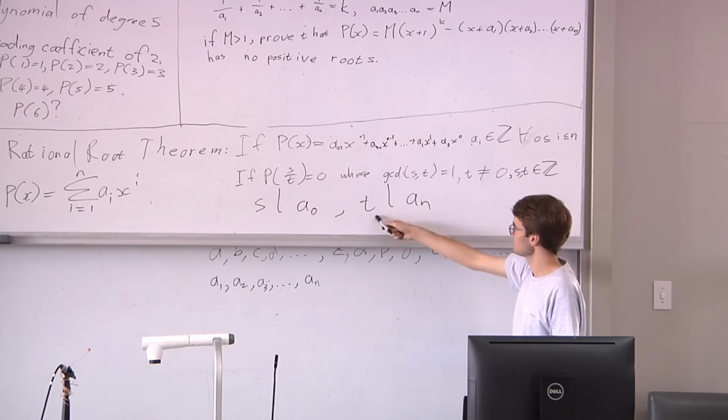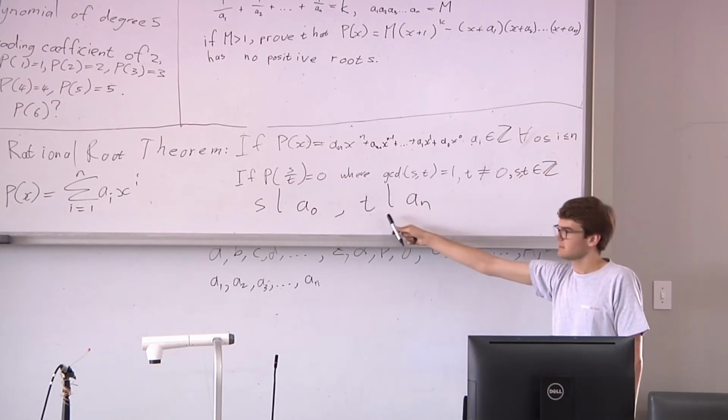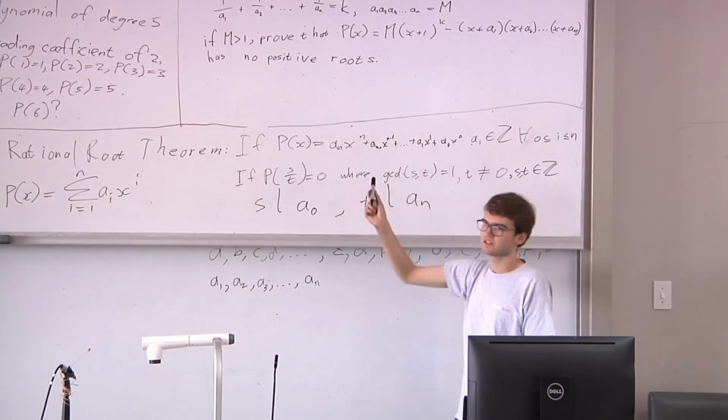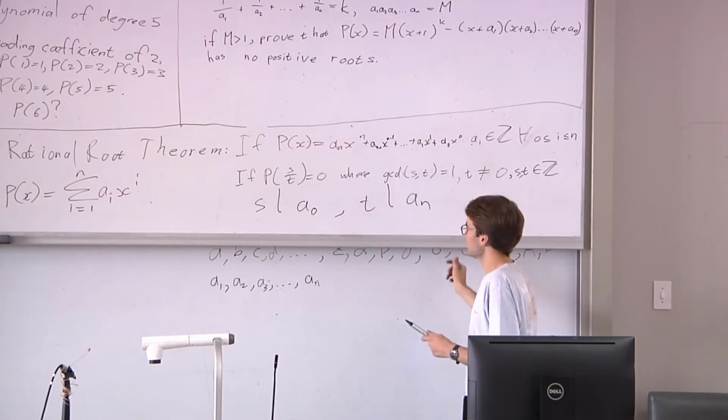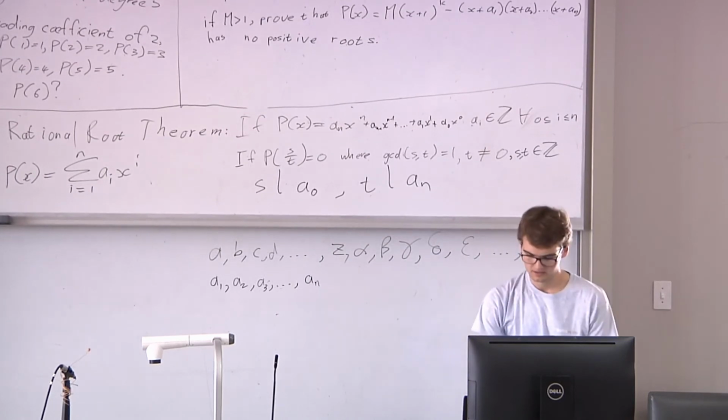And you know that T, the denominator, must be a factor of the leading coefficient. Okay? So, let's see an example.